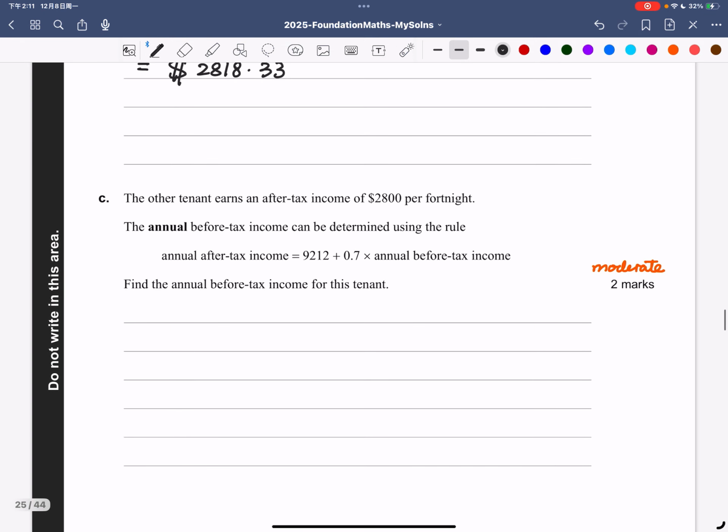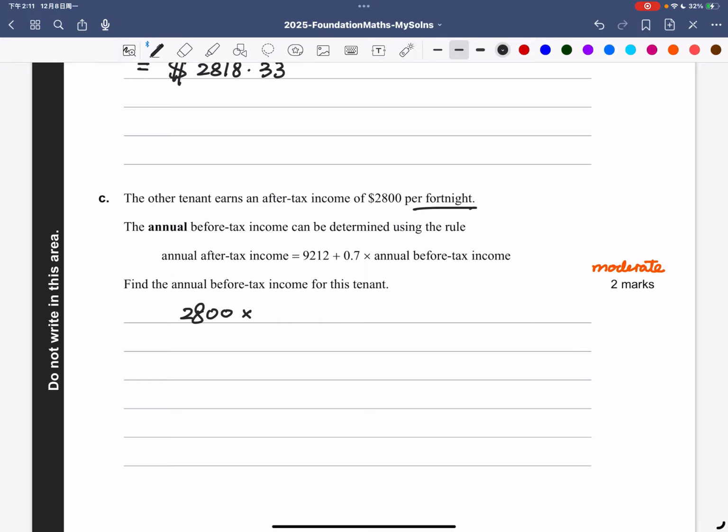The other tenant earns an after-tax income of $2800 per fortnight. The annual before-tax income can be determined using the rule annual after-tax income equals 9212 plus 0.7x. So that is 2800 per fortnight, okay?